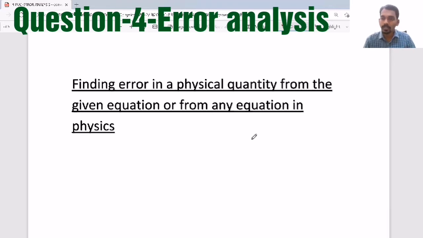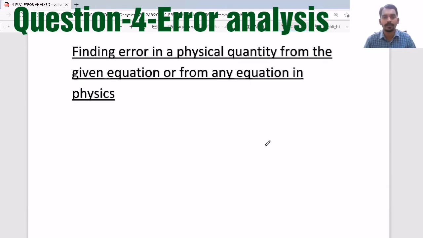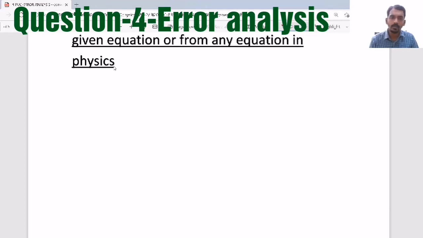Now sometimes, or most of the time, they'll ask a question like find the error for a particular quantity in a given relation, or based on any relation in physics. For example, they have given z equal to 4y cube x by p square, something.